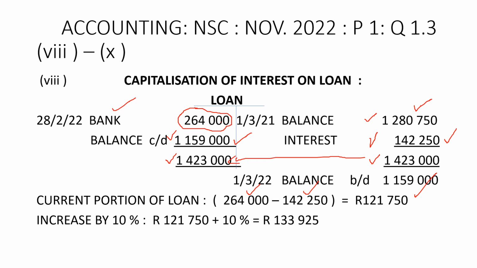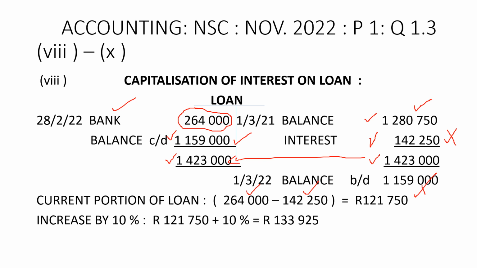So just to reiterate, the 142,000 is part of the total repayment of the year, included in the total repayment, and the portion of the loan which is included in the total repayment is 121,750.